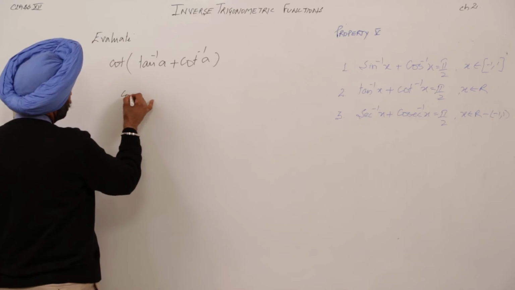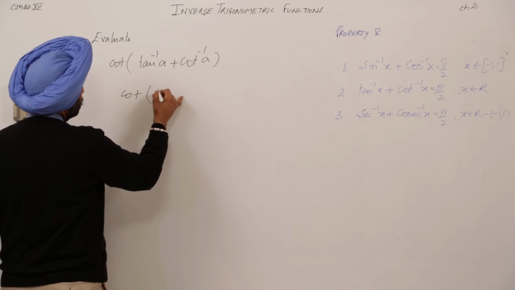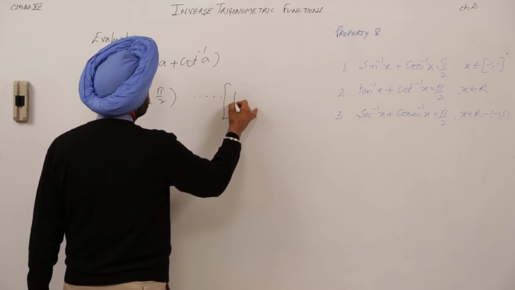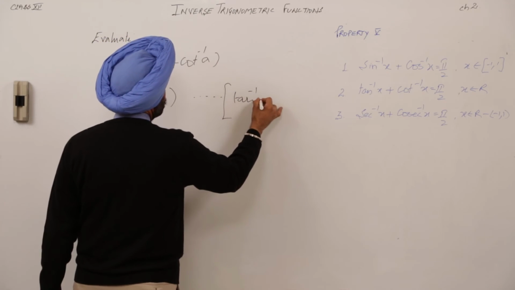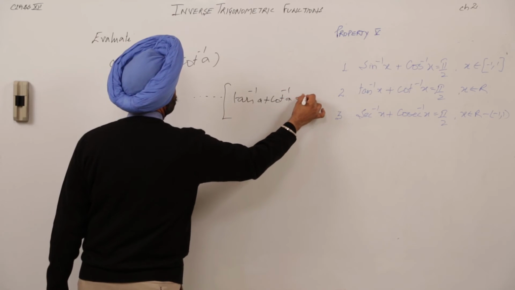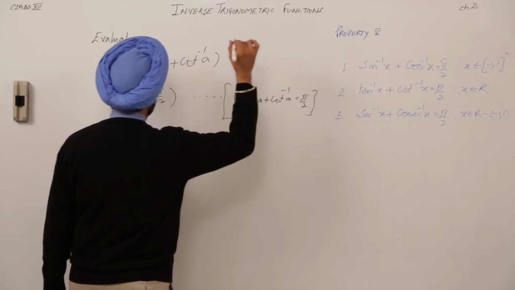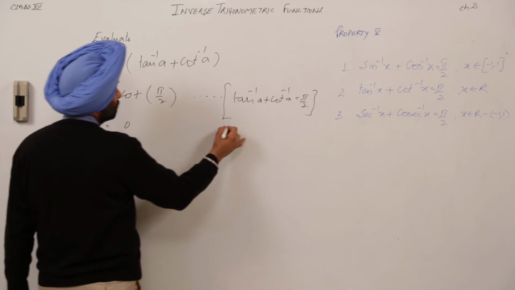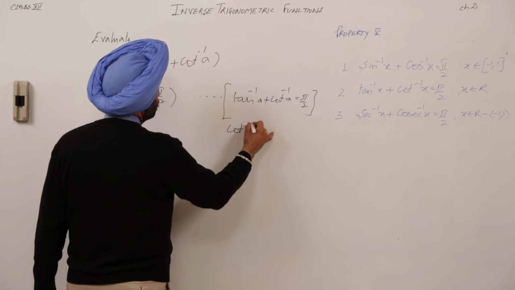So we will write cot pi by 2 here, and you can give the reason that tan inverse A plus cot inverse A is equal to pi by 2. And what is the result for cot pi by 2?